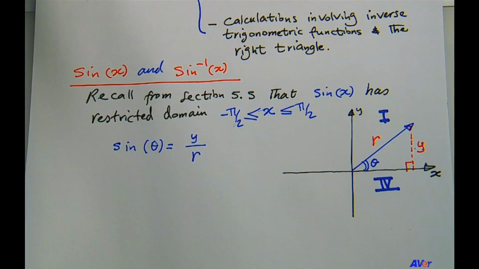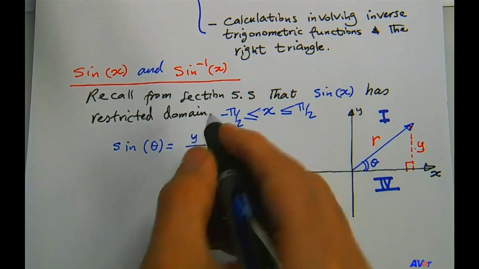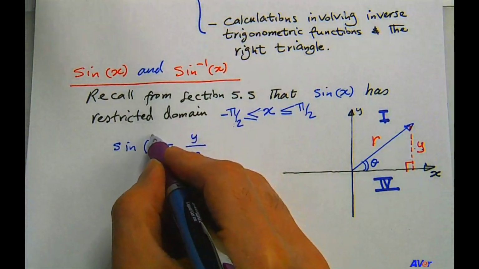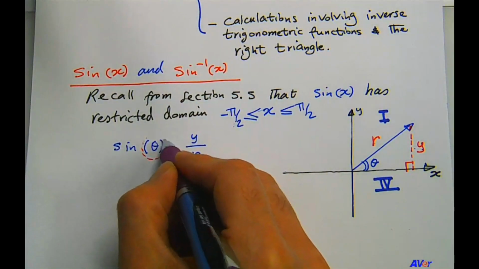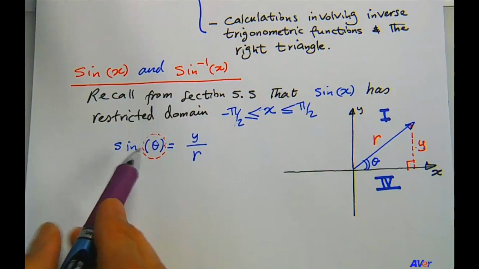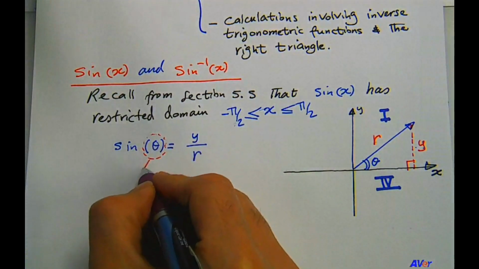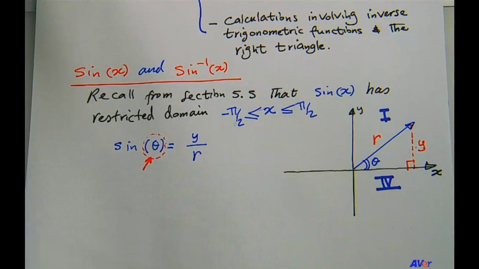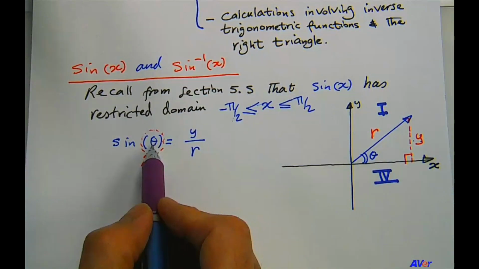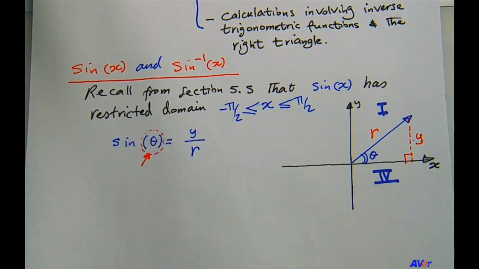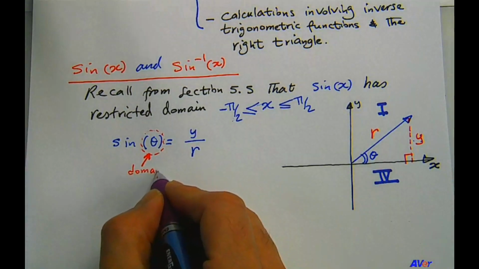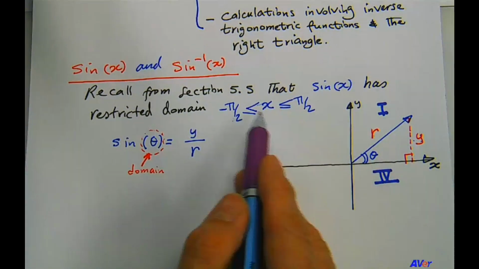Okay, so this particular argument in the sine function, that theta, is it part of the domain or the range? Can you answer that when watching this video? Would that be part of the domain, or part of the range? It would be part of the domain. And we said that we're going to restrict that.